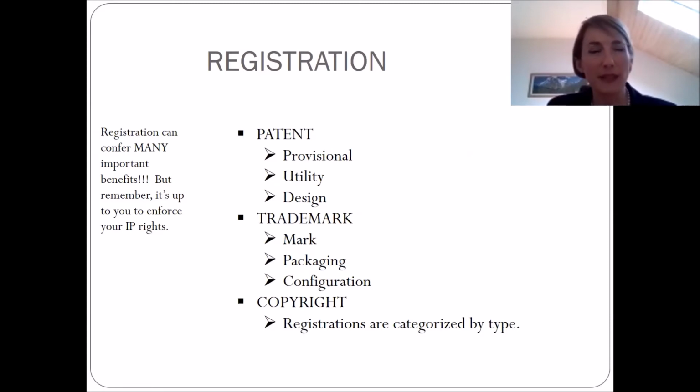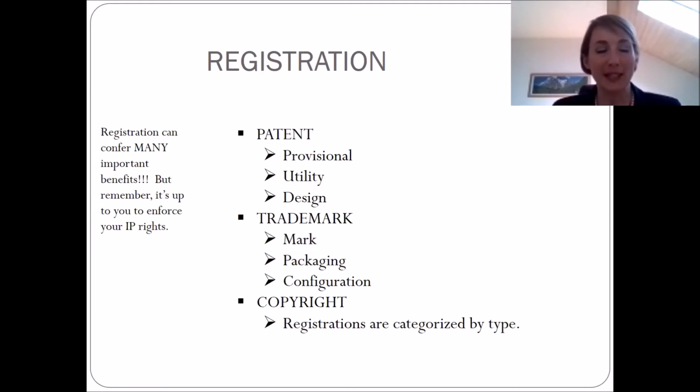Now, to say there's 3 different types is a little inaccurate, because a provisional is kind of a preparatory application for a utility application. A utility is one that is dealing with some sort of functioning thing. So you can file a provisional, get most of the pieces of your application together, and then convert it into a utility later, which has all other required pieces.